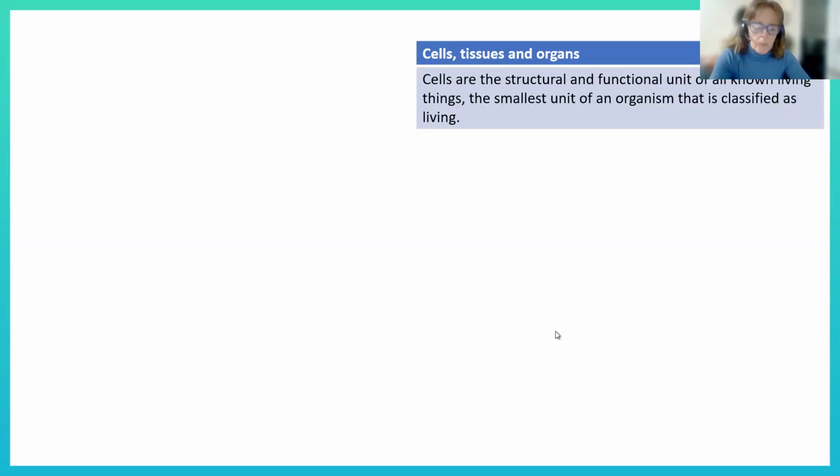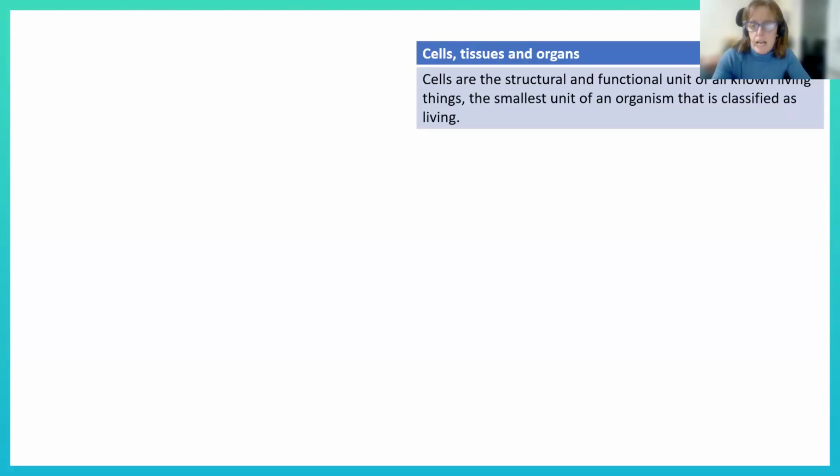Okay, so we had a look at the cell last session, and we had a look at the structures that make up the inside of the cell and the membrane, which is really important on the outside of the cell. And these structures making up this cell make up the smallest structural and functional unit that is classified as living.